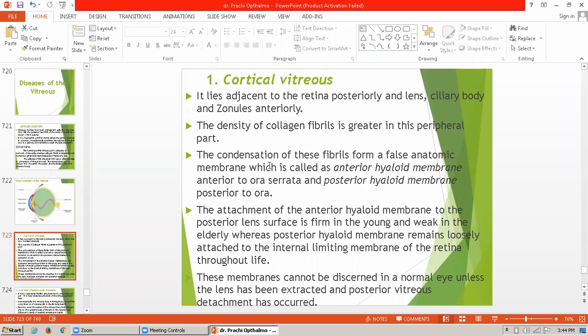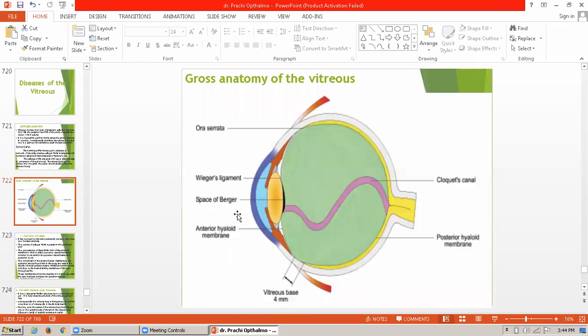So this is the posterior hyaloid membrane and this one is the anterior hyaloid membrane.